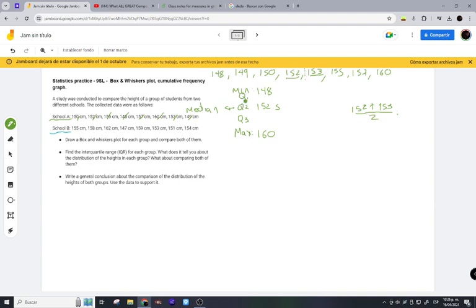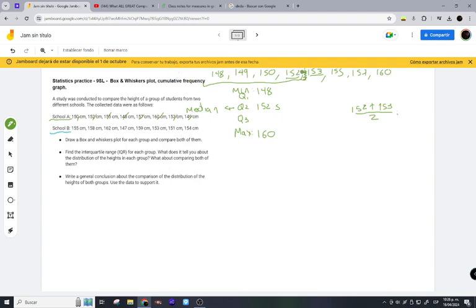Now for Q1, the first quartile, we need to follow a similar process but with the bottom half of the set. Since the median is exactly between these two, it's like hidden here. We use everything that is before that. So we include the 152 in this case.